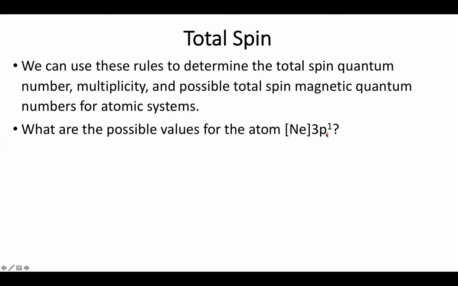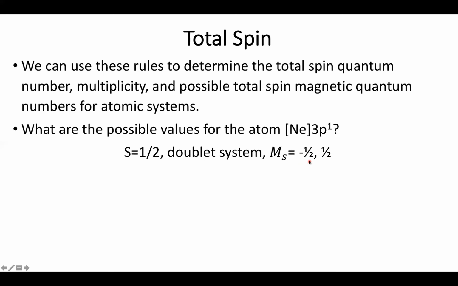So in this case, we will have a single unpaired electron. So this gives us a total spin of 1/2. We don't have to worry about any pairing. And this is a doublet system. And that single spin can either be aligned up or down with magnetic numbers of 1/2 or -1/2.